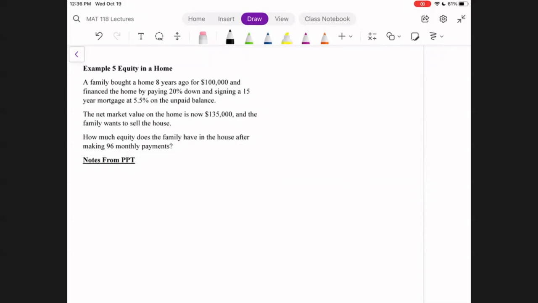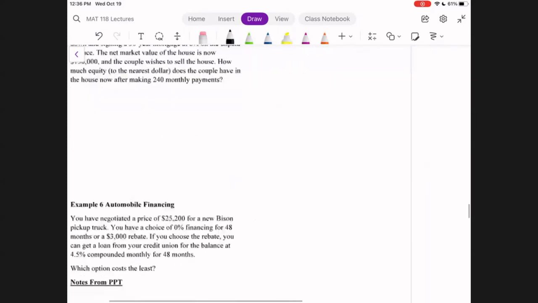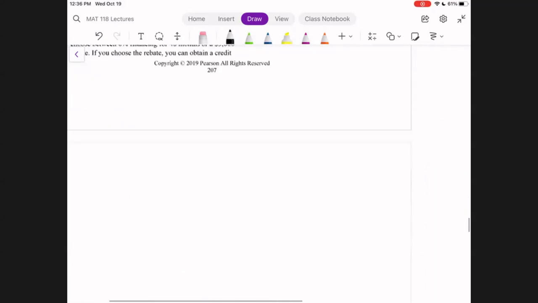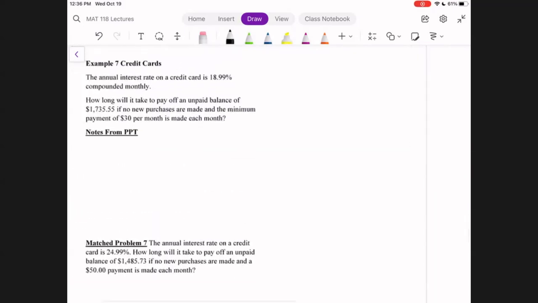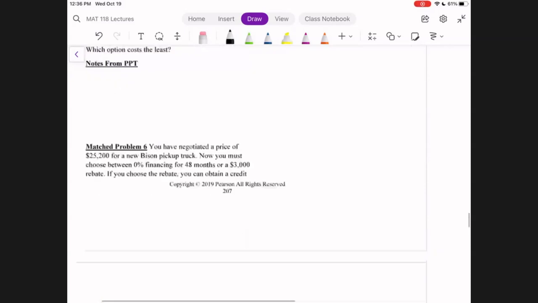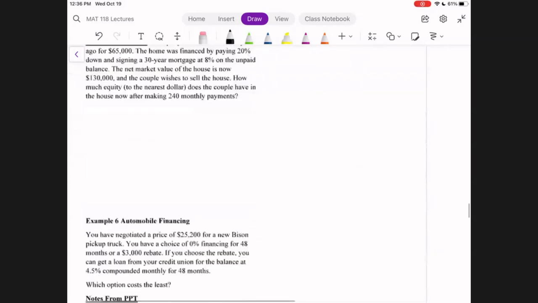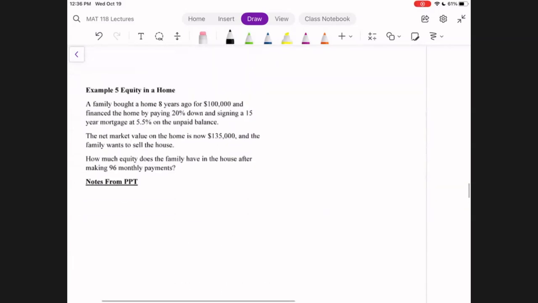How much equity does the family have after making 96 monthly payments? So this sort of question, some of you might have a house, and after this, if you're curious, there is an automobile one, and there is one with a credit card, okay? It talks about other stuff. So we'll do these few word problems here.